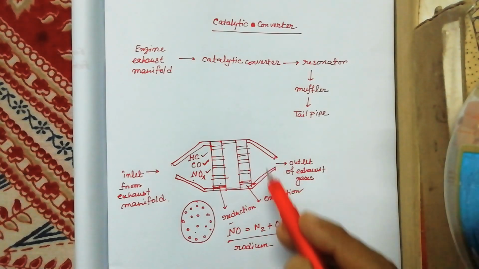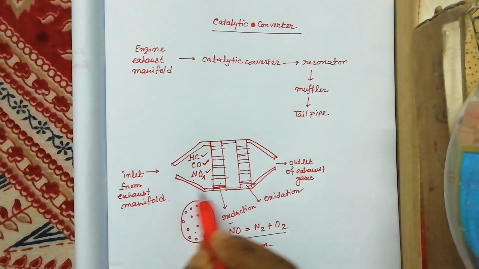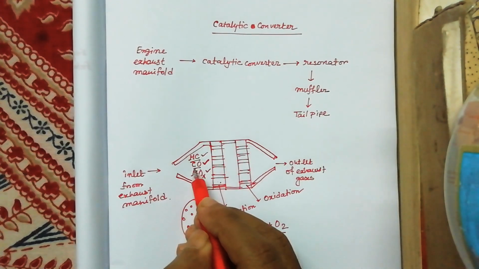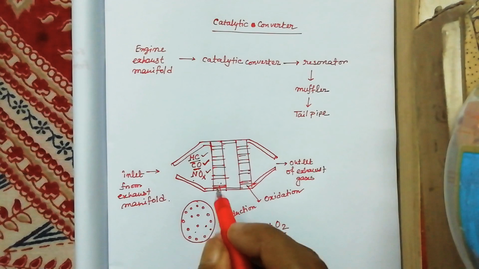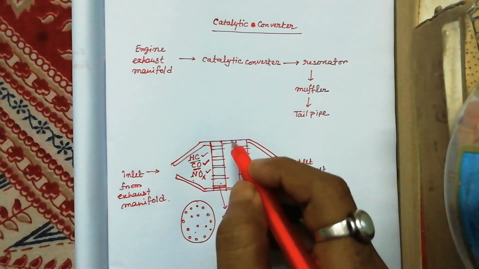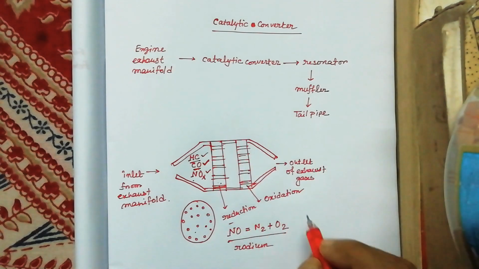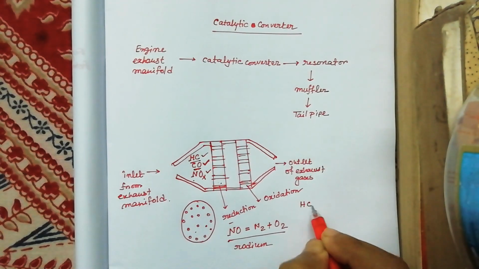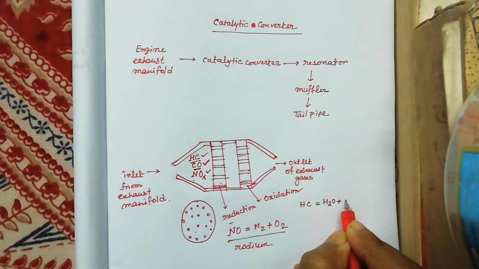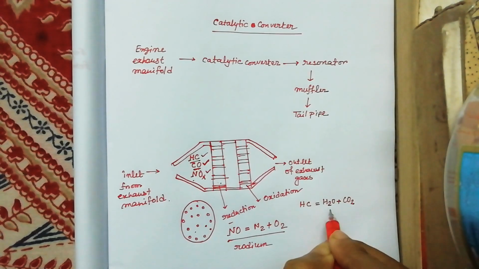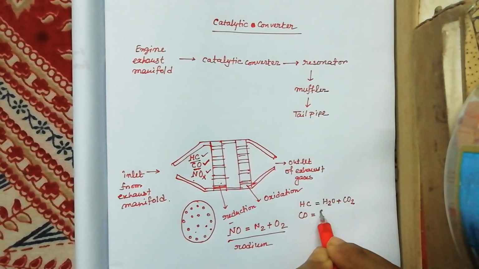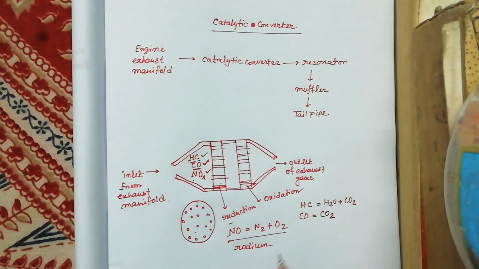And next, the oxidation process. When CO, carbon monoxide, and hydrocarbon pass through these tubes, the hydrocarbon is converted into H2O and CO2, meaning water and carbon dioxide, and carbon monoxide is converted into carbon dioxide.